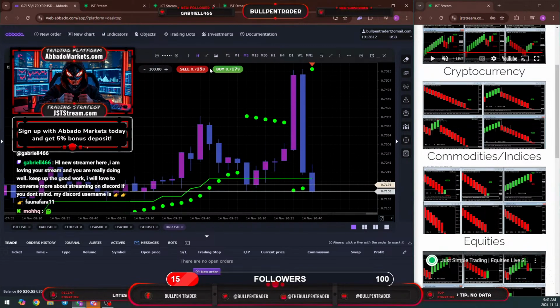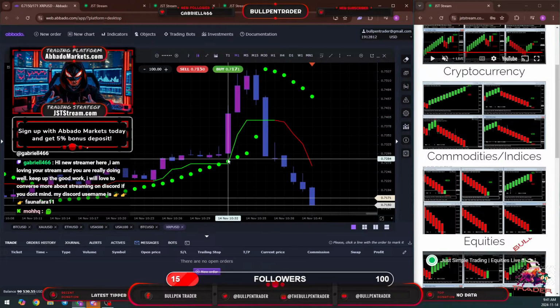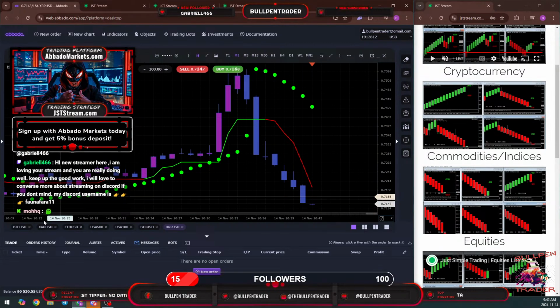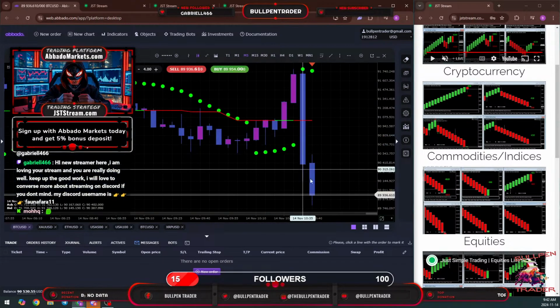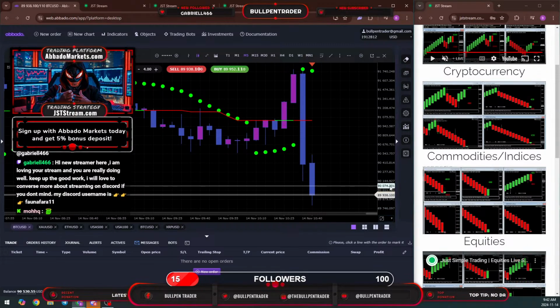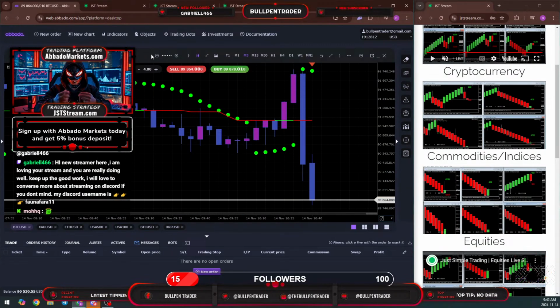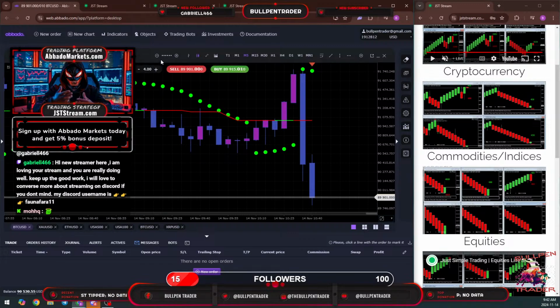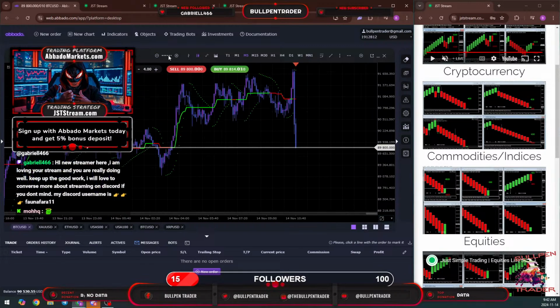On the 5-minute, the super trend is green, but I think that's going to flip as well quite soon. It's just everything is dumping right now. Crazy, crazy dumps. Wow, we went below 90K. We went below 90K with these new news or whatever.